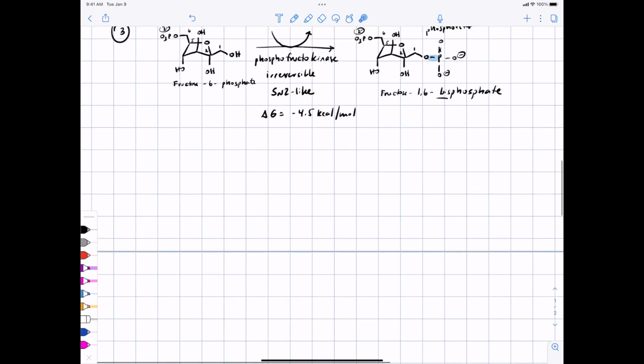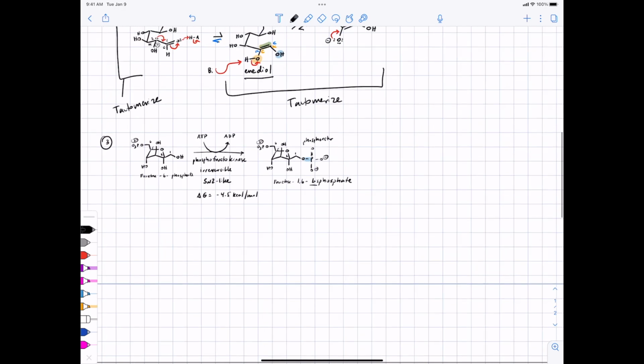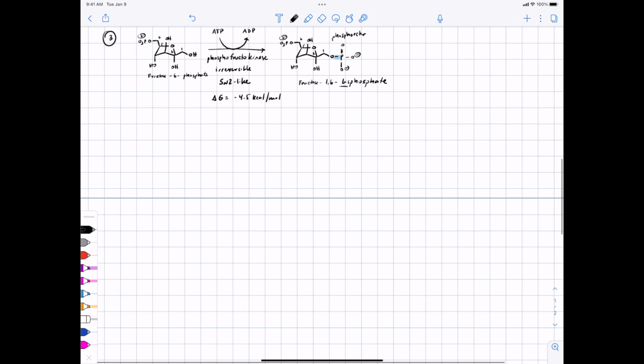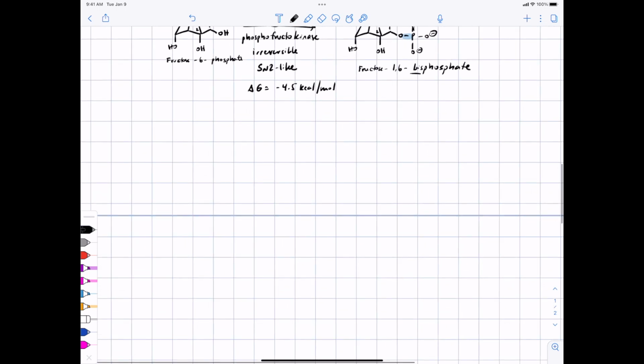Okay, so we're still in the investment phase. Step 4 is where you break apart into two equal portions. That's a step catalyzed by an enzyme called aldolase, and step 4 is the retroaldol reaction.